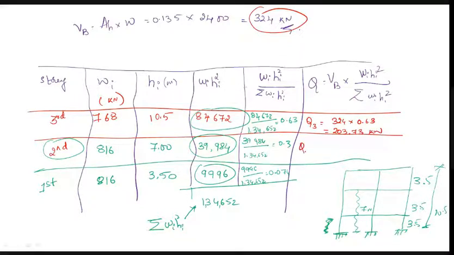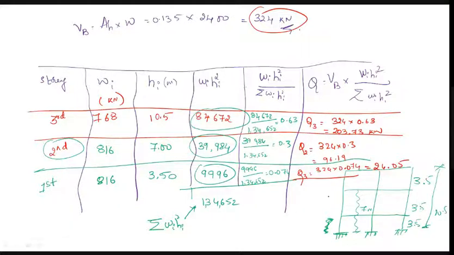Similarly, for the second floor, 324 multiplied by 0.3 equals 96.19. Similarly, for Q1, it is 324 multiplied by 0.074, which equals 24.05. This is how we calculate the lateral forces for each floor.